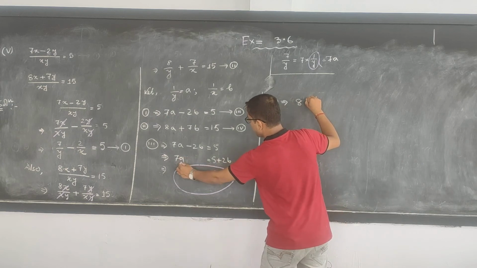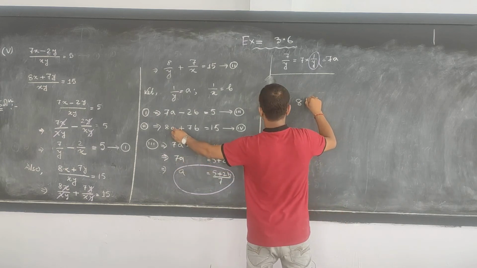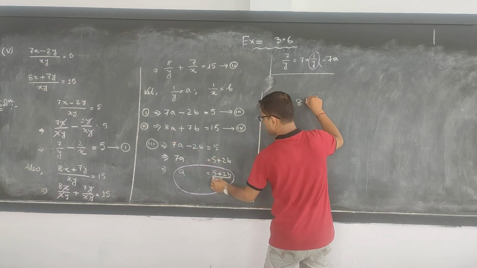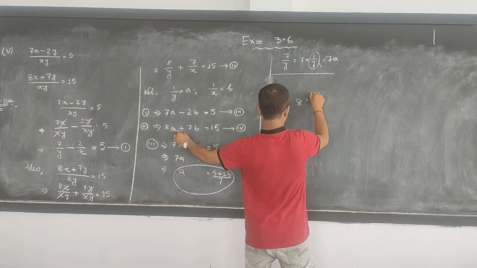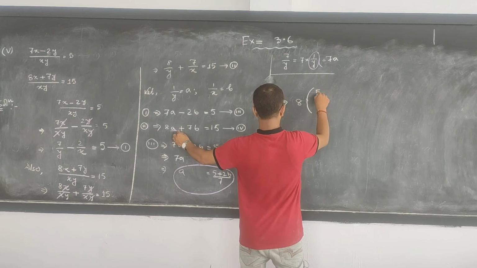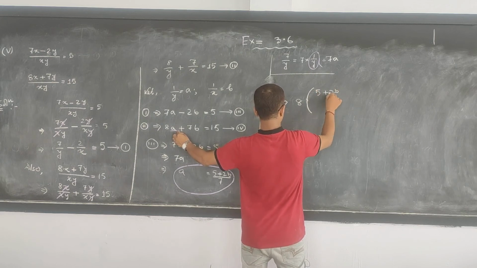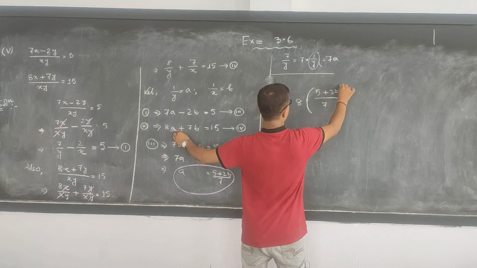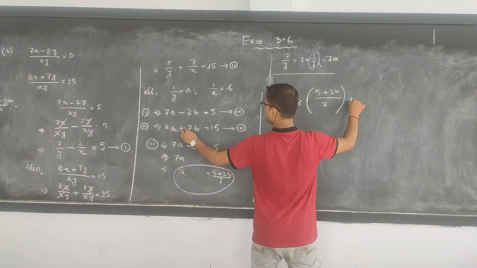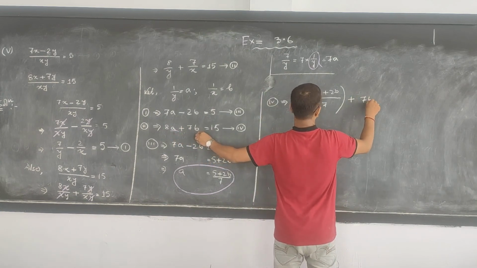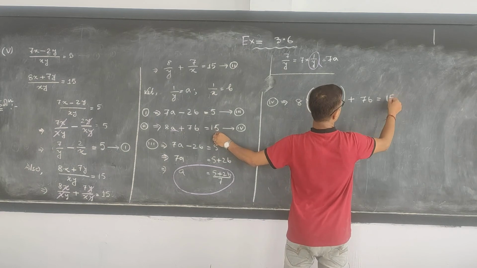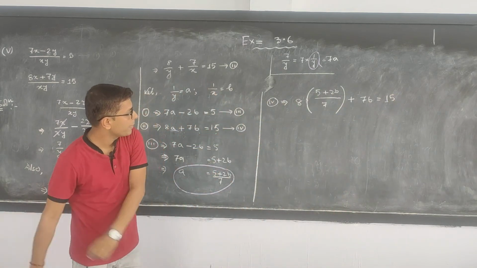So where there is a, we will substitute the value of a. Instead of a in 8a, we are writing (5 plus twice b) by 7, plus 7b, which equals 15. I hope you have understood this line.